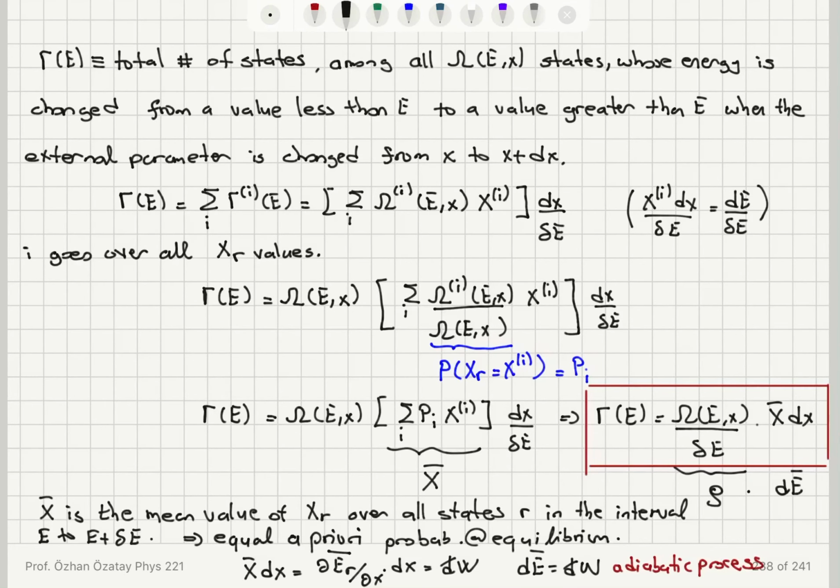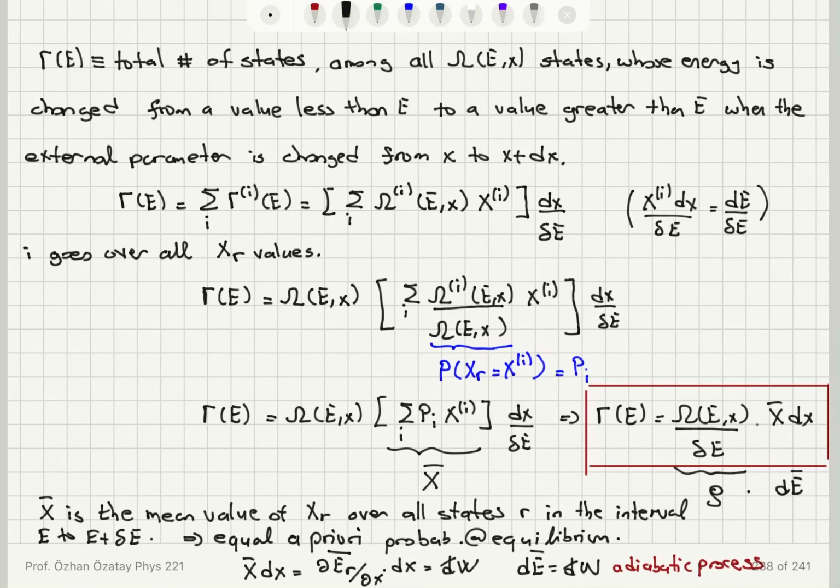So the number of accessible states of the behavior whose shift is by amount xi dx divided by delta E is the density of states for this particular type, multiplied by xi dx, the change in the energy.